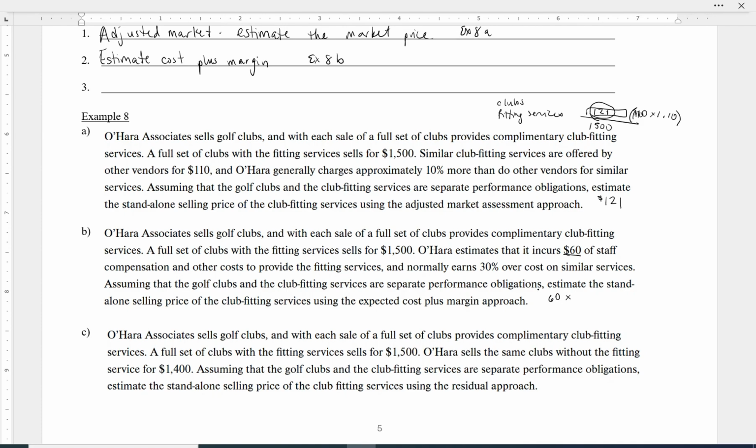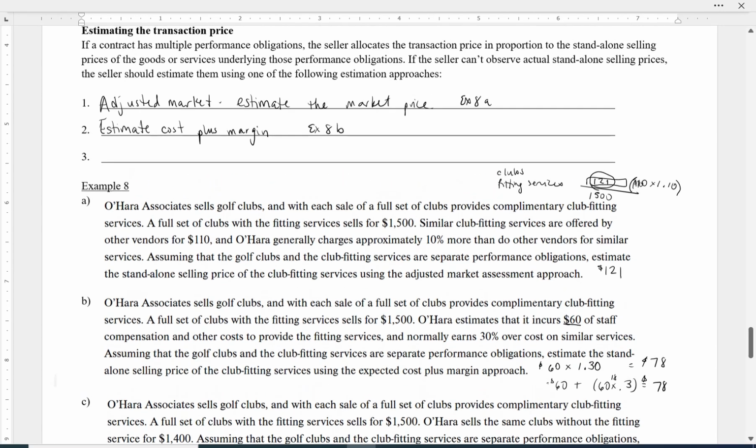So we would take the $60 cost and multiply it by the markup, well, 100% of the 60, so this is the same as saying $60 plus 60 times 0.3. Either way, mathematically equivalent. 30% of 60 is 18, and either way, this is going to come out to be 78. So in this approach, we would value the club fitting services at $78.